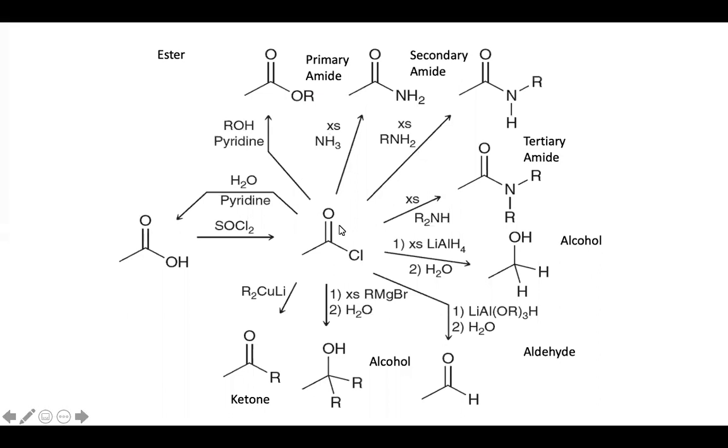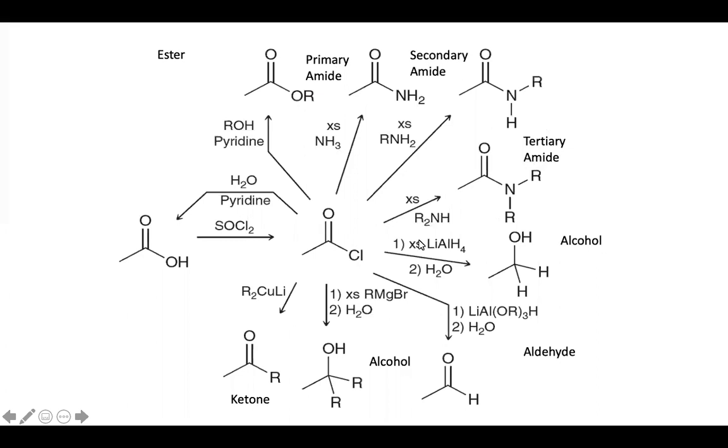So acyl chloride can react with pyridine and hydroxides to form ester. It can also react with ammonia to form primary amide, primary amine to form secondary amide, and secondary amine to form tertiary amide.